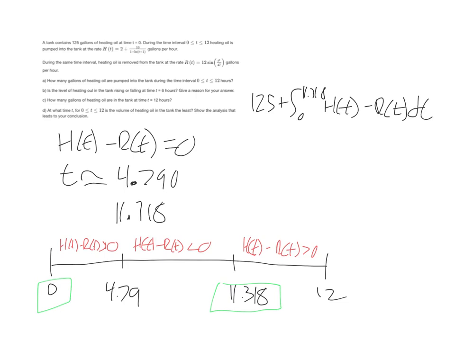And if I do that, I'm going to get 120.738. So it did decrease enough, just barely enough, to get below that initial value, and so that is my minimum.